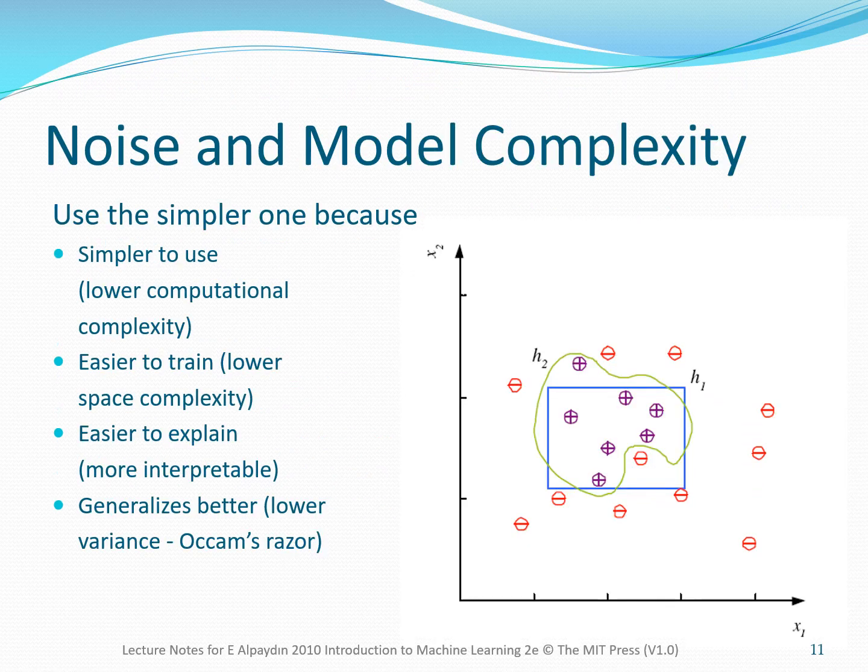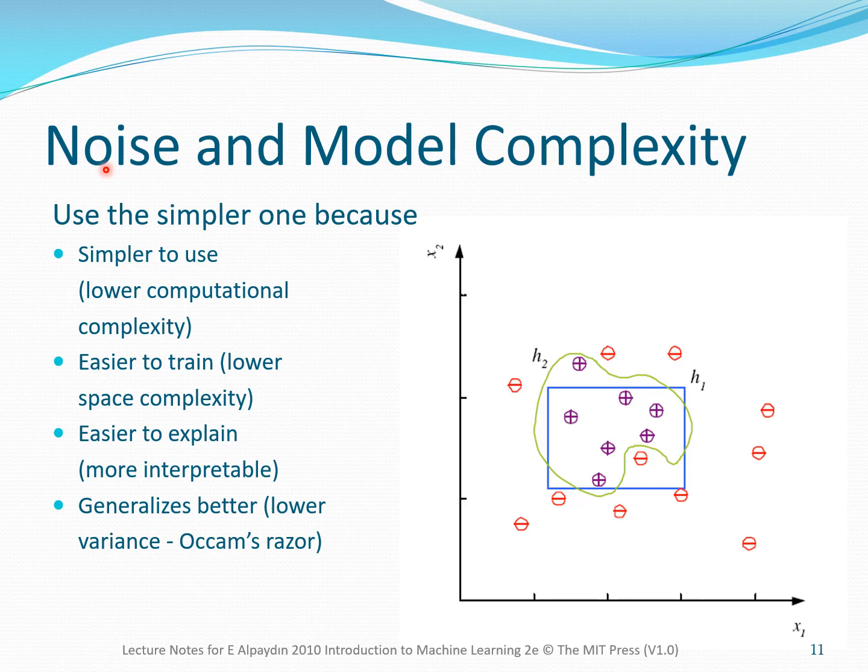Noise and model complexity. Noise is any unwanted anomaly in the data, and due to noise, the class may be more difficult to learn, and zero errors may be infeasible with a simple hypothesis class.